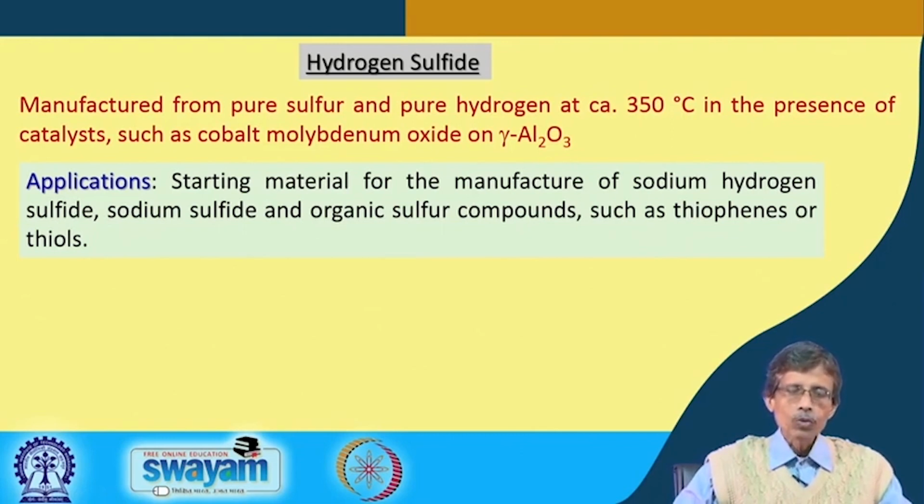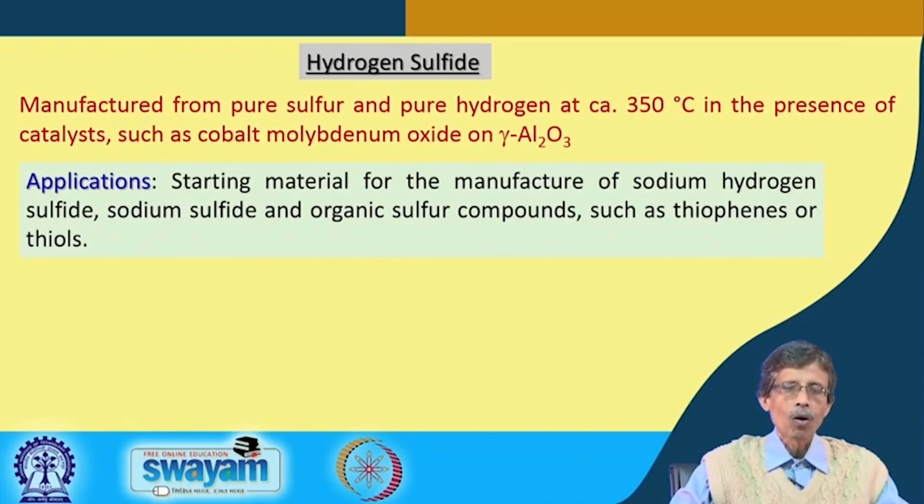So, you have two hydrogen atoms attached to the sulfide center, and if we replace one of the hydrogens by sodium, you get NaHS, or Na2S, which is sodium sulfide, or different types of organic sulfur compounds. We can make a large number of organic sulfur compounds, such as thiophene and different thiols. Even the biological molecules, the sulfur bearing amino acids, we also have.